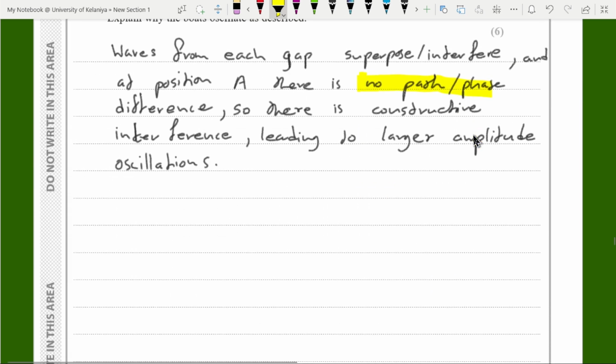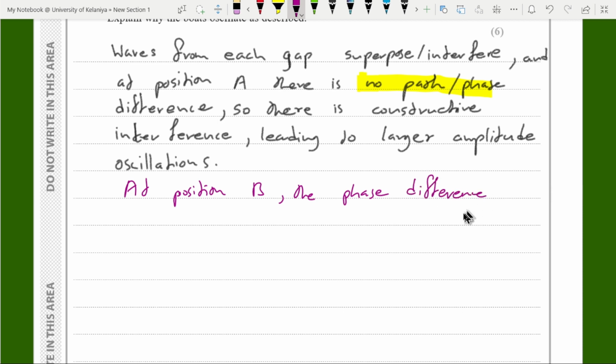Okay, then for question B, the phase difference varies with wavelength.